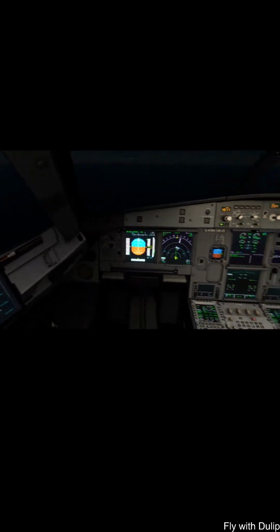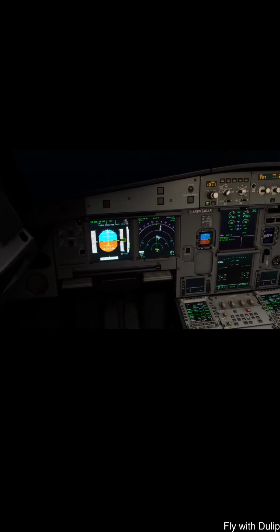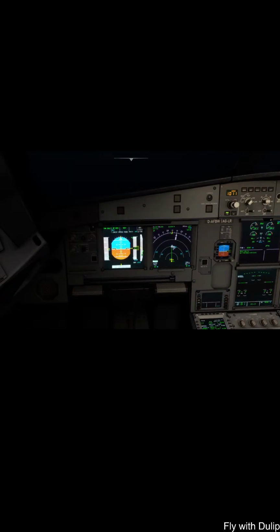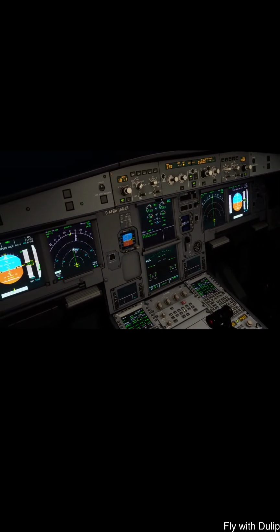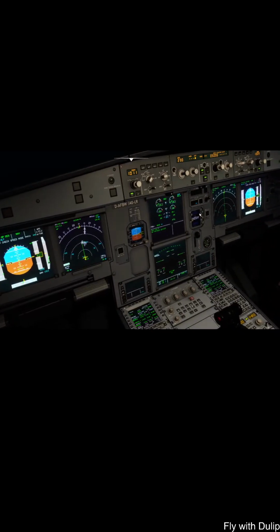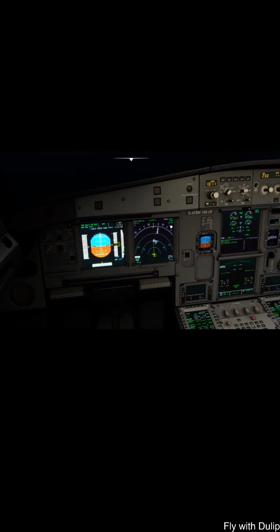Mach decimal 41, SriLankan 103. SriLankan 103, I'm asking for indicated speed and not Mach number.